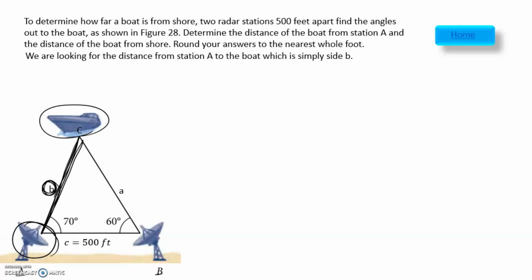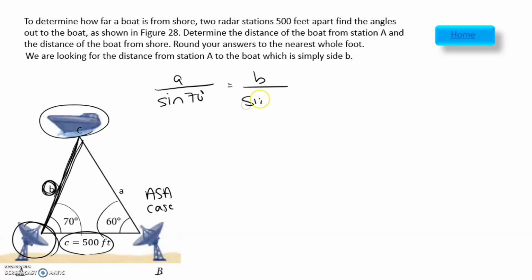Okay, so what they gave us was an angle, a side, and an angle. So I have an angle, side, angle case, which means I'm going to use the law of sines. So they gave me A over sine of A, which is 70, is equal to B over sine of B, which is 60, and then C over sine of C, which we know what C is.